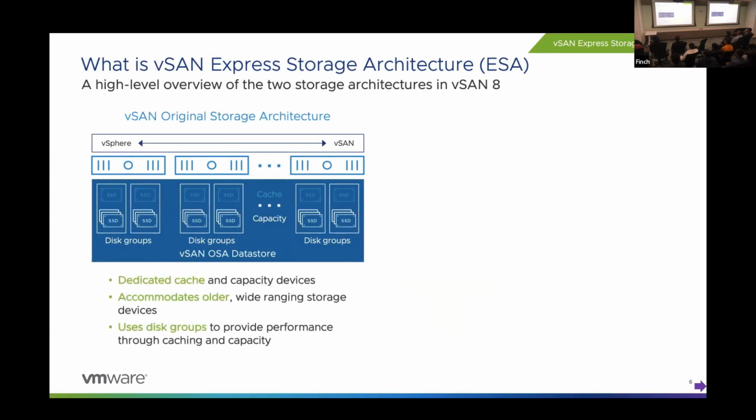So before we understand what vSAN ESA is, let's understand what was there earlier and what it is now. Earlier we had the vSAN original storage architecture, which was a two-tier architecture where you had dedicated cache and dedicated capacity disks, right?